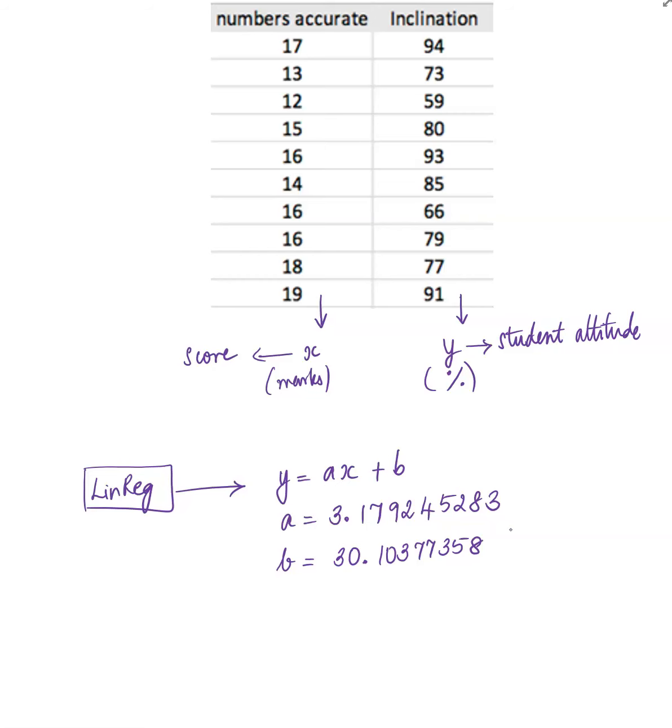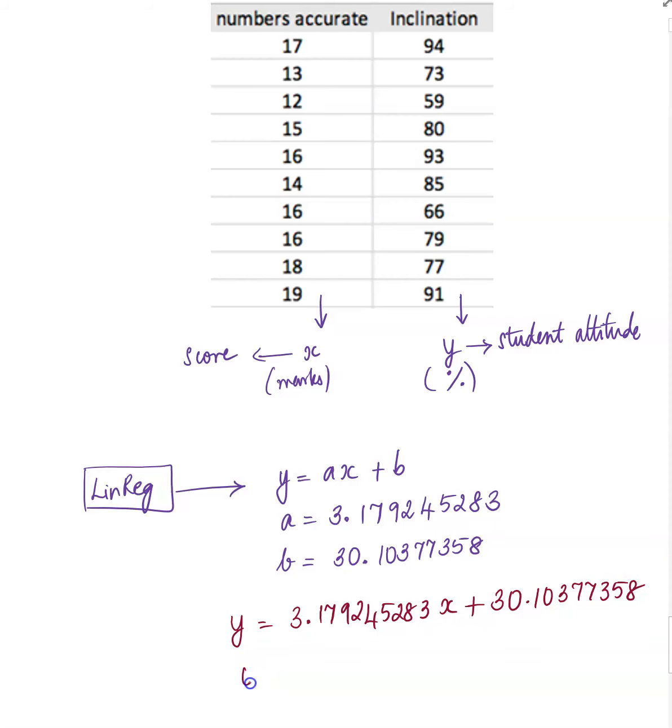Now the equation is given to be Y equals ax plus b, and they gave a and the b separately. That's because a and b are really long numbers. They wanted to keep them separately. So our job is to put all these together and write it as Y equals 3.17924523 X plus B, which is 30.10377358.